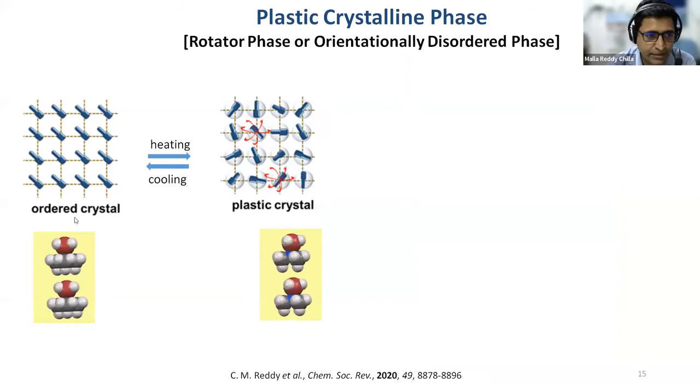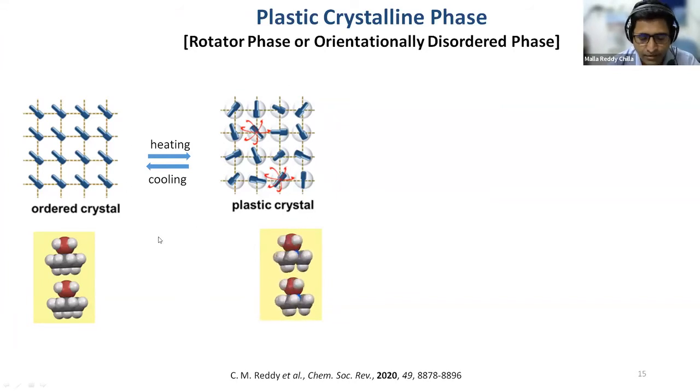As I said, if you take ordered crystals of certain molecules, where your molecule is spherical, or cylindrical, or sometimes flat, when you heat them beyond a certain temperature, they attain these dynamic motions, and then they will give you a plastic crystalline phase.